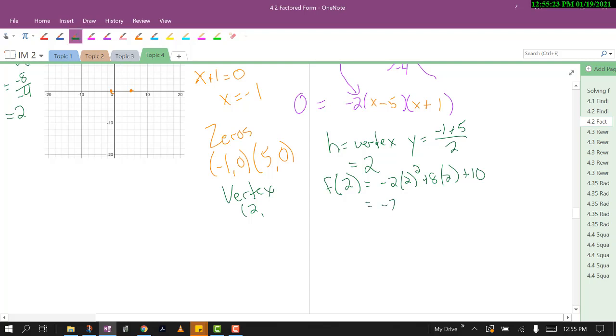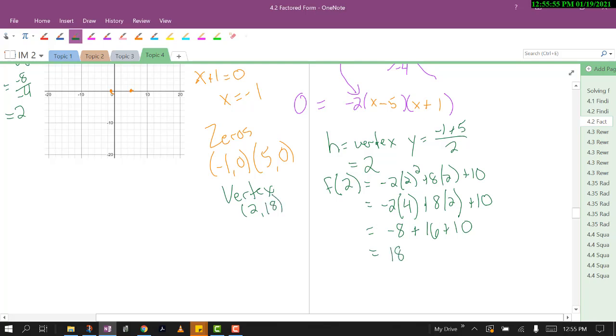So we leave the negative 2 alone. 2 squared is 4, of course. So you do not multiply the negative 2 and this positive 2. You square the 2 first. So parentheses, none. Exponents, did it. Multiplication, all right. So it's negative 8 plus 16 plus 10. So that gives us a grand total of 18.